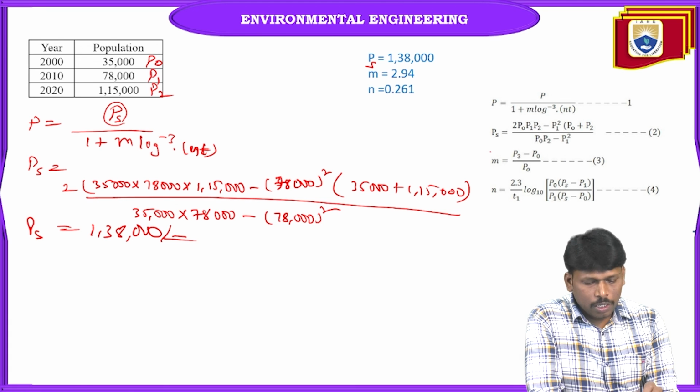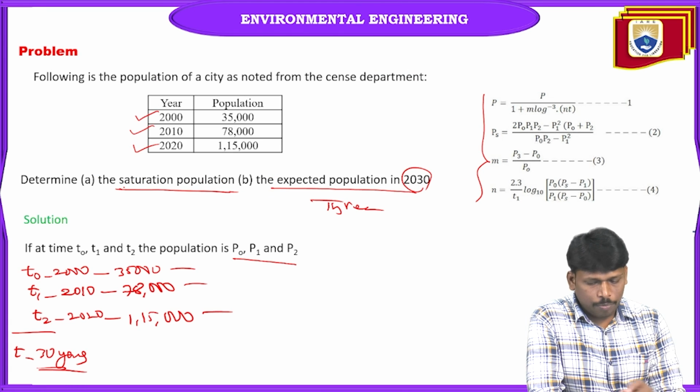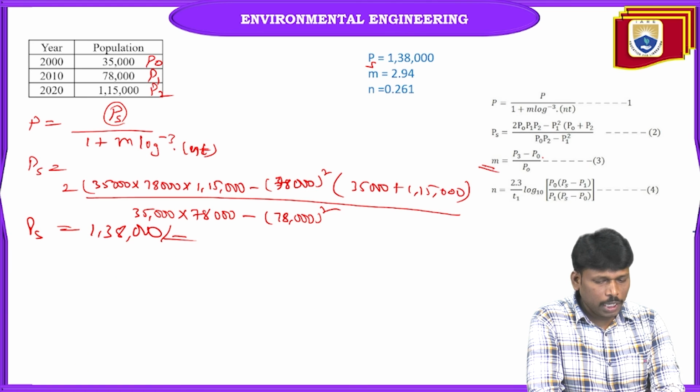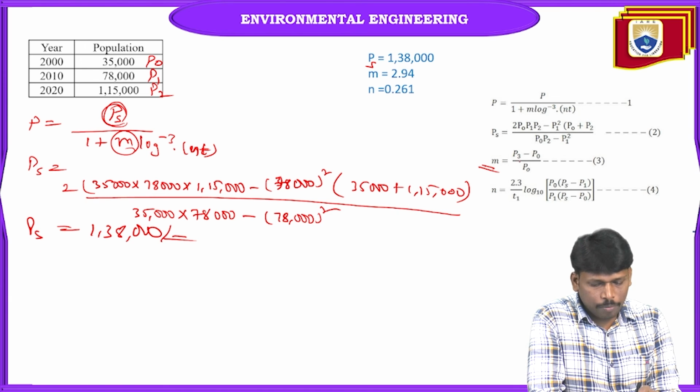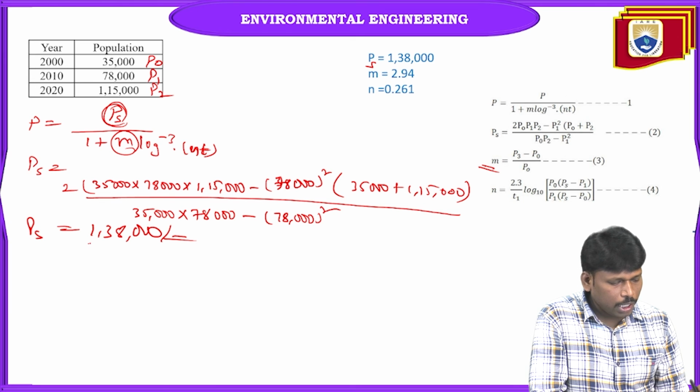So now we need to estimate this population at this transition point M, because in this formula we need the M value and the PS value. This is the M, where M equals P3 minus P0 divided by P0. Here P3 we obtained already.